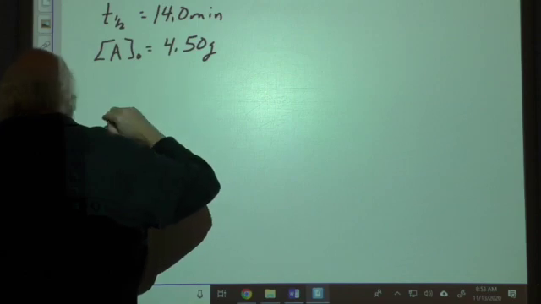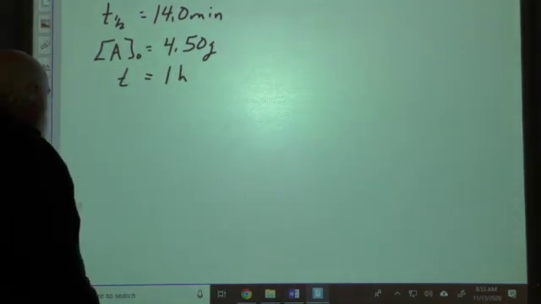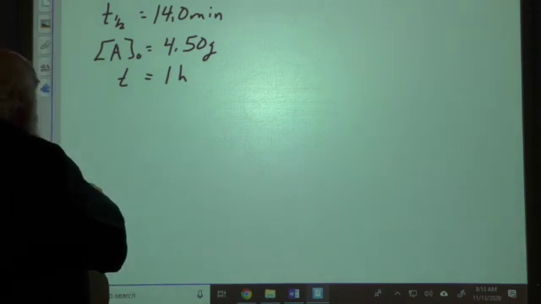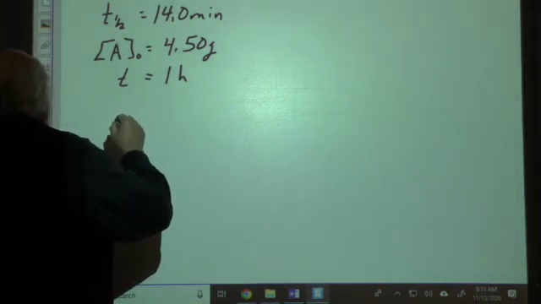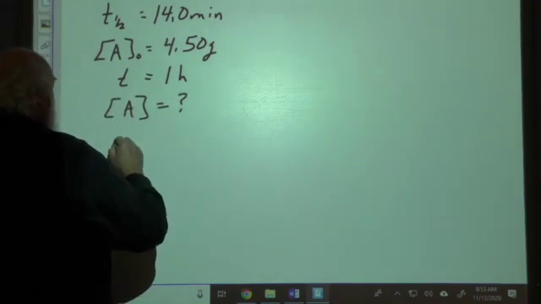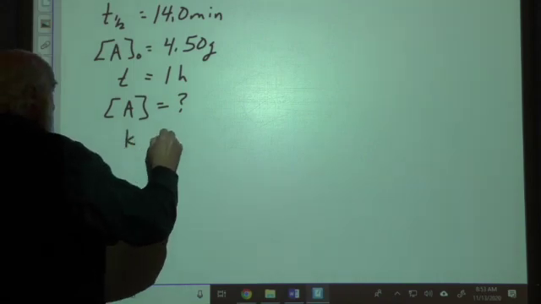And the time for this is 1 hour. Now, the formula that we're going to use for this, and we're asked to find the concentration of A, and we want to find out the value of K.